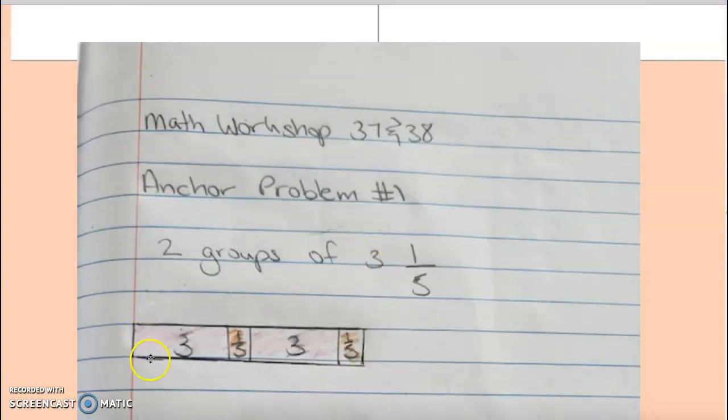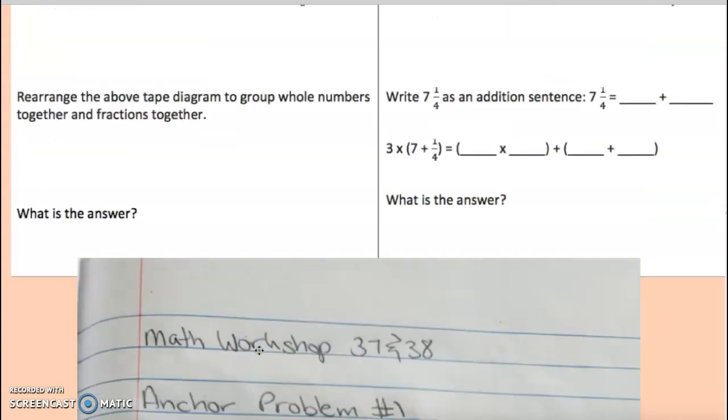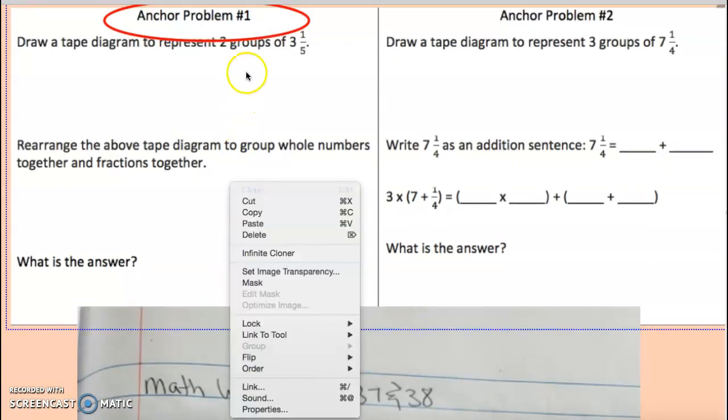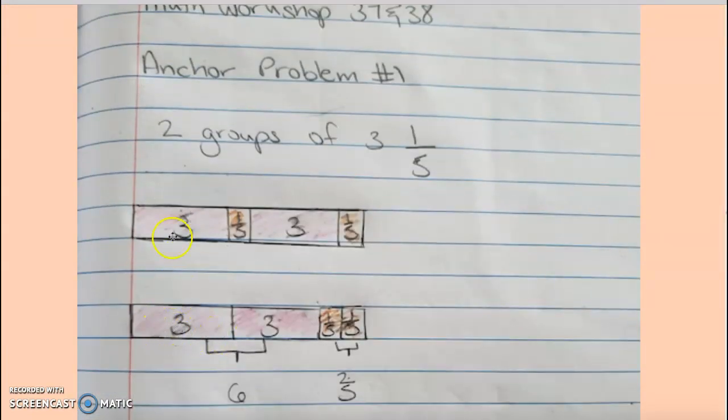So first what I did is I represented the two groups. So I have 3 and 1/5 here, and then I also have 3 and 1/5. So this is a tape diagram. Then I did the second step of arranging the whole numbers together and the fractions together. So I have the 3 wholes up here, so I carried them down and I represented them together, and then I took my fractions and I represented those together.